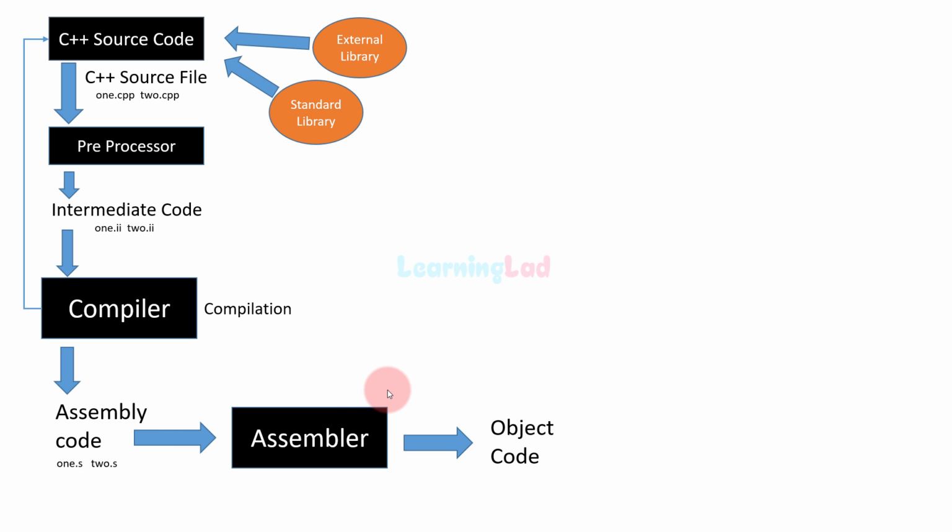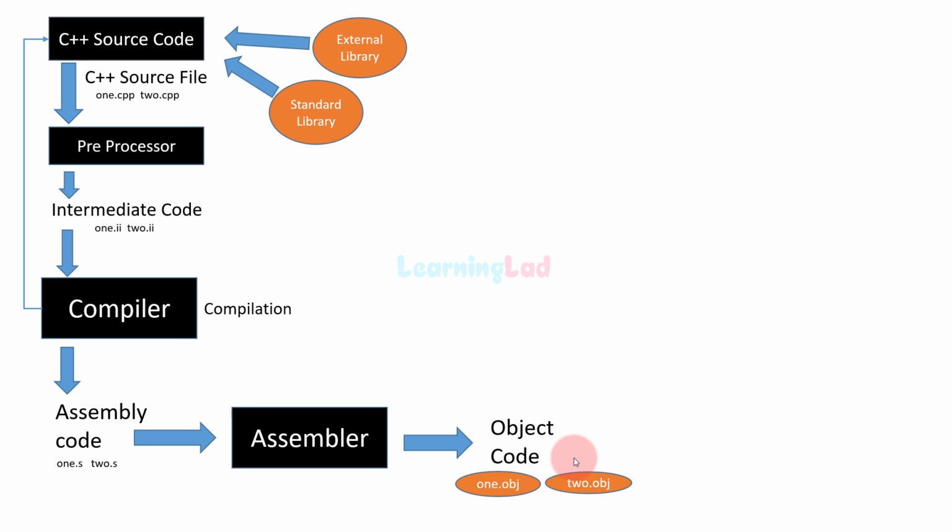The object files generated by the assembler will have the .obj extension in Windows and the .o extension on Unix platforms. Now here, for the file 1.s, the object code will be in 1.obj, and for 2.s, the object code will be 2.obj. For every source file that you have in your program, there will be an object file.